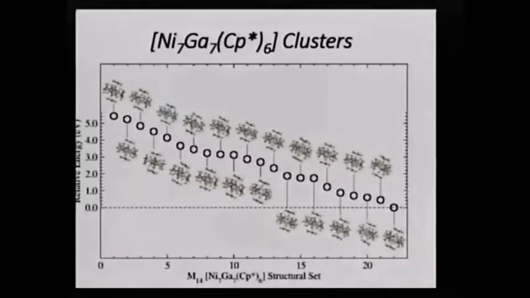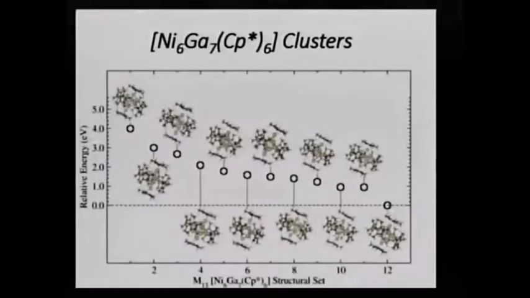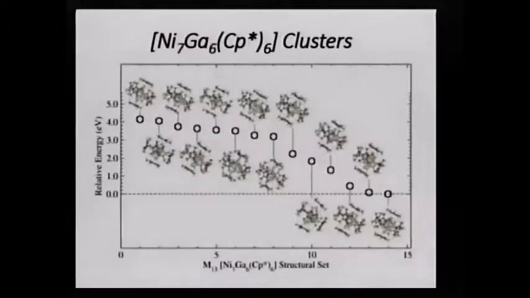So now we can reach some minimal configuration structures with nickel on the outermost sides of the clusters, forming a binding between the cluster and the ligands. We can observe the same behavior for M14, M13 nickel 6 gallium 7, and M13 nickel 7 gallium 6.